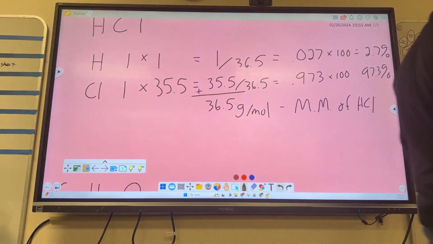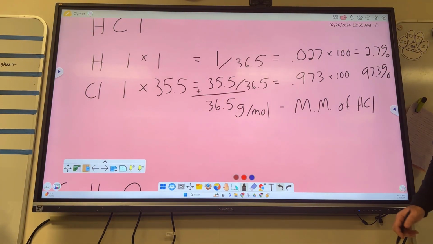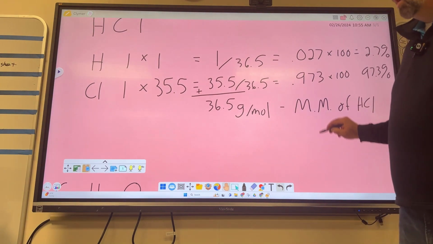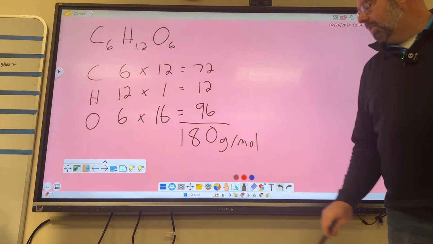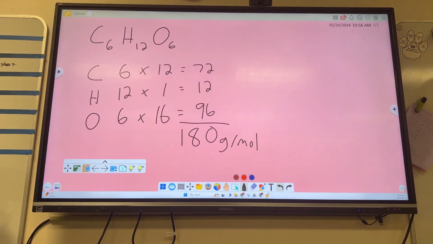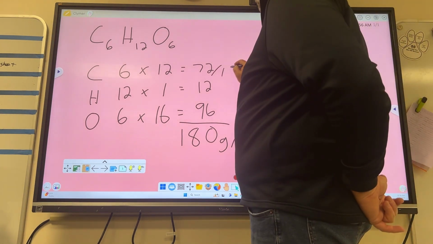Everybody got this? Yeah. Guess what's next? So given this starting point, how would we move to figuring out percent composition of this compound? 72 divided by 180. Yes, divide all of your numbers by your total.